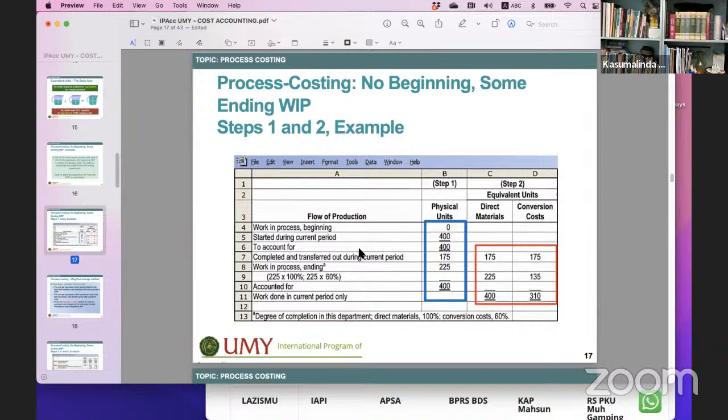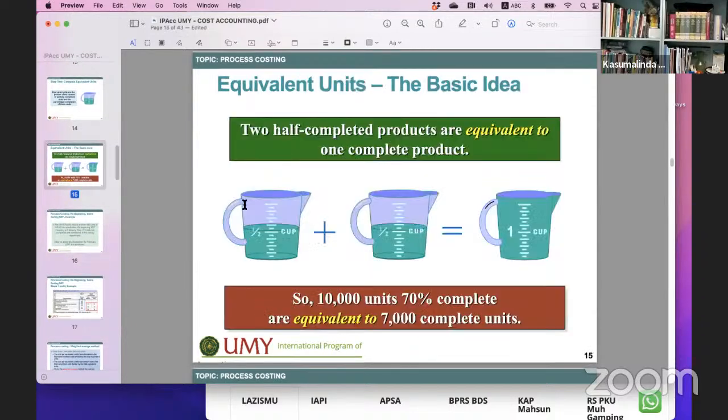The issue is when we have units in ending work in process. For example, we have 225 physical units in ending work in process, but using this analogy, they are only partly completed.